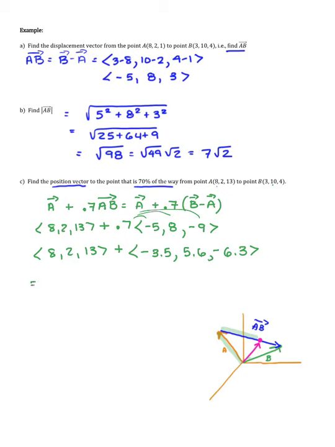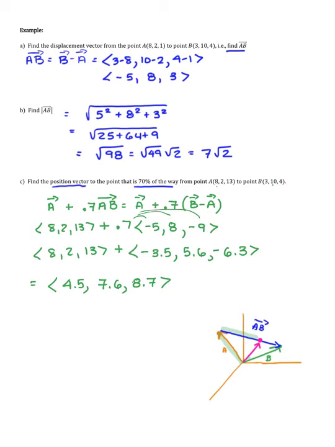So 8 minus 3.5 is 4.5. 2 plus 5.6 is 7.6. 13 minus 6.3 is 8.7. And that is going to be our displacement.